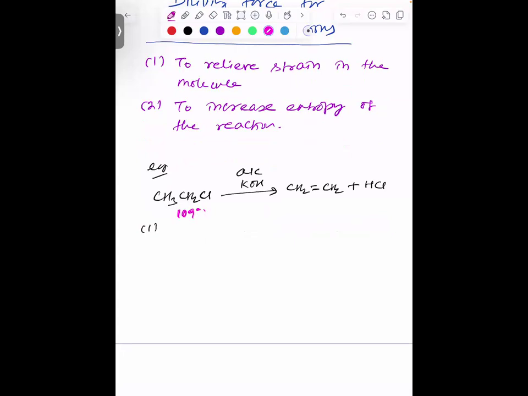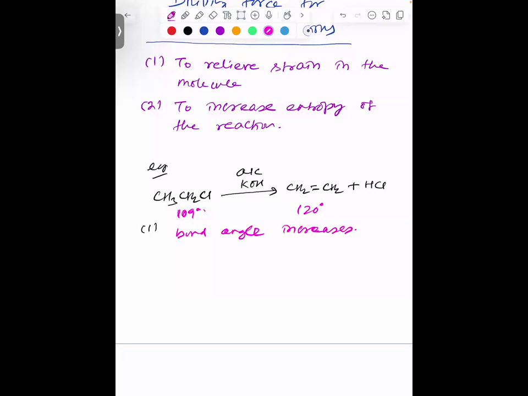And what is the bond angle in alkene? It is approximately 120 degree. So bond angle increases. Yes or no? After elimination reaction, bond angle increases.